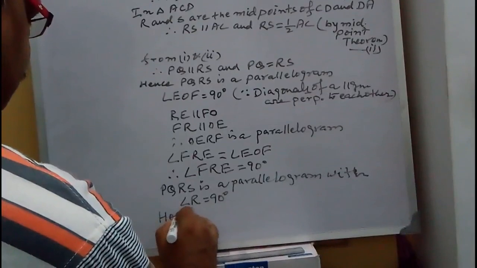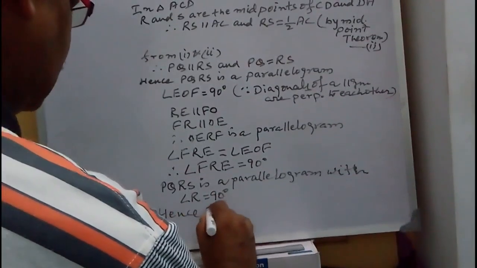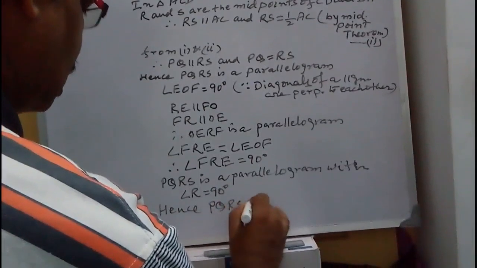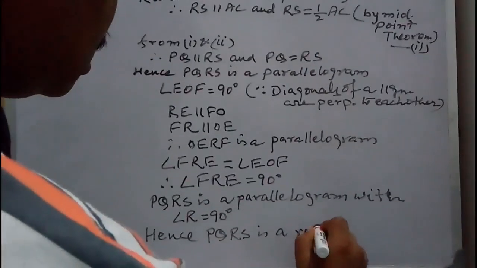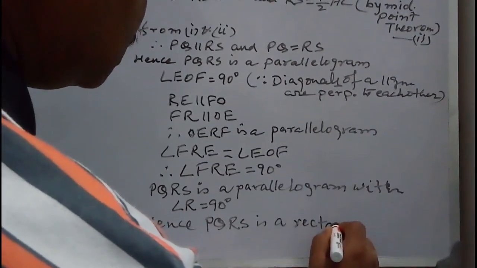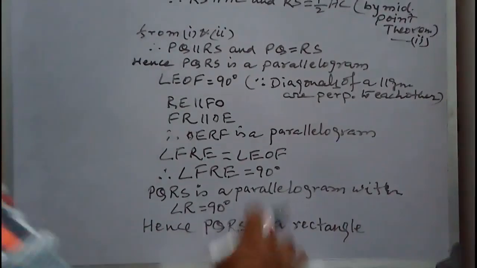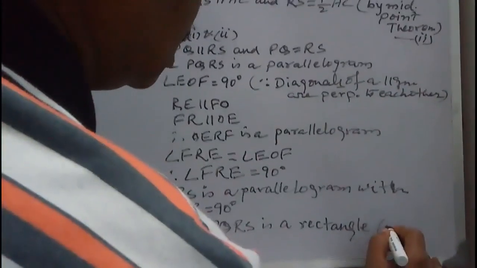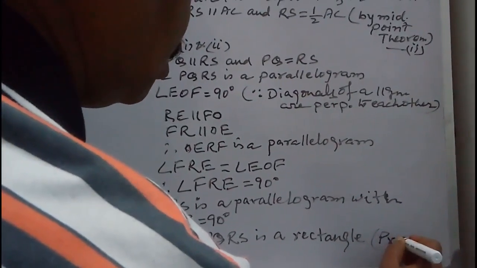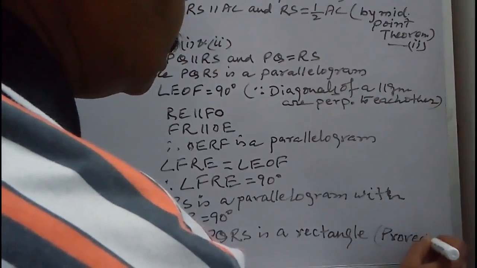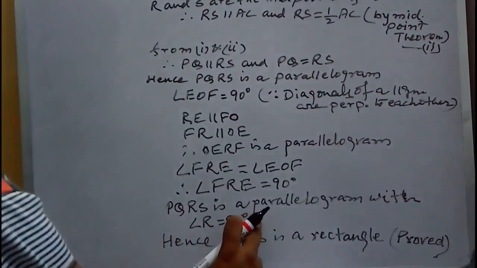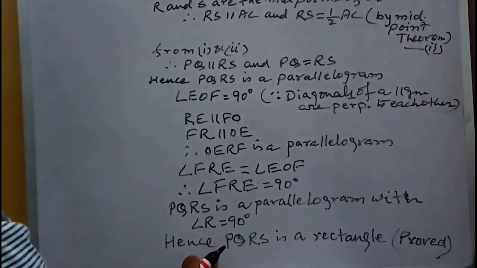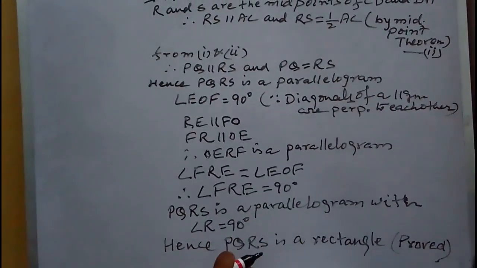Hence, PQRS is a rectangle, which we had to prove. So right here, put: in a parallelogram, when one angle is 90 degrees, that parallelogram becomes a rectangle. Therefore, PQRS is a rectangle.